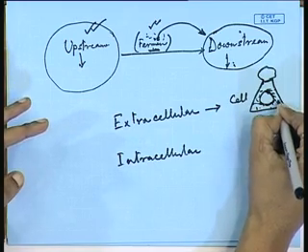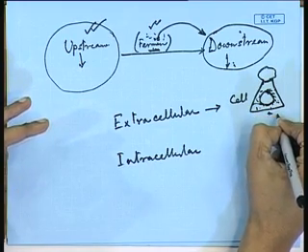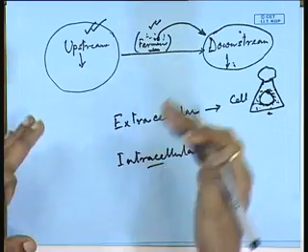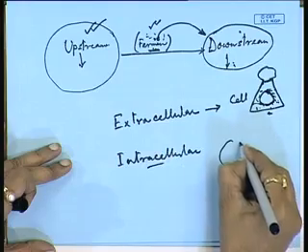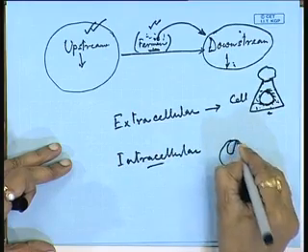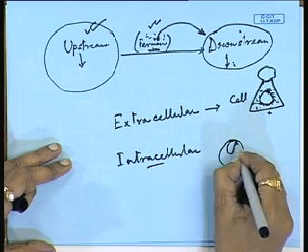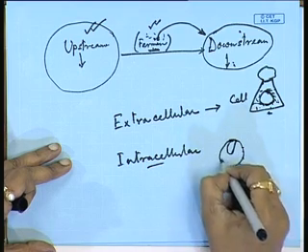But the number of contaminants is not so high compared to the intracellular case, where suppose this is the cell and we get our product in the form of an inclusion body, and when we want to get this product, we have to break the cell wall.